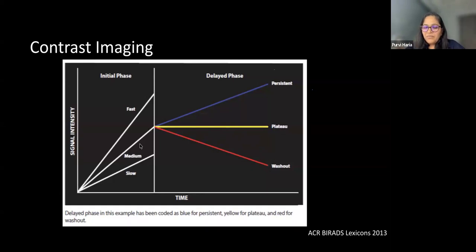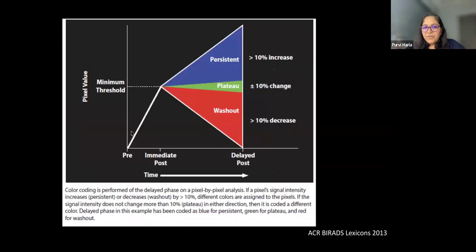When signal intensity reaches maximum and starts to wash out, that is washout kinetics. This is plateau, and this is a persistent kinetic curve. This is how we define it: if it goes to the maximum signal intensity and then the intensity remains within 10% plus or minus of the maximum intensity, it is called a plateau. More than 10% increase is a persistent kinetic, and more than 10% decrease is washout kinetics.